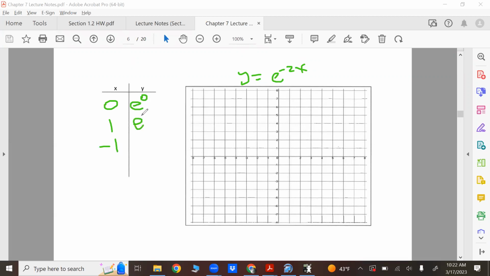All right, here we go. I'm just going to plug in 0, 1, and -1 and see what happens. You can at least use a scientific calculator for this part. E squared was like 7.3, I think. Let me go back to the calculator.